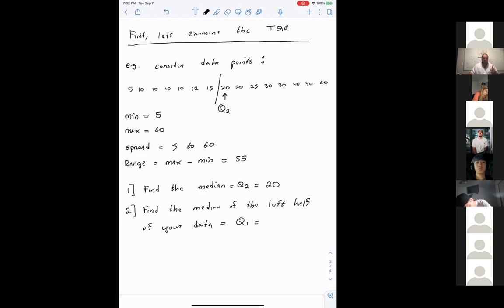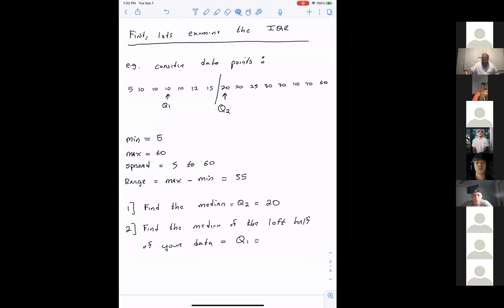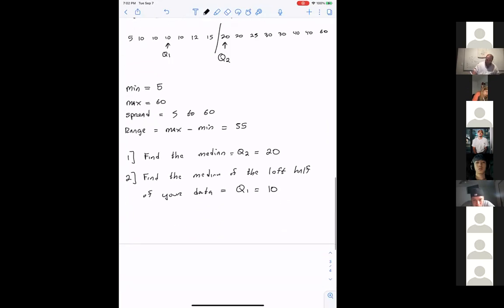How many data points are there to the left of 20? 7. Which one of those is the median? The third 10. So I'm going to call that Q1, and that equals 10.